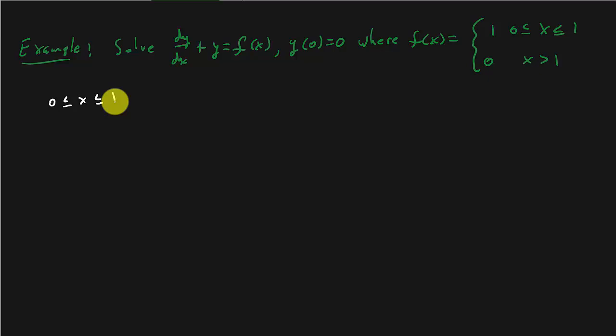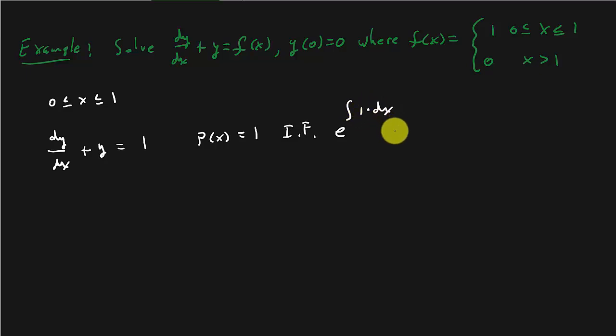So that means we've got dy/dx plus y is equal to 1, right? f of x is equal to 1 there. And so now I've got p of x is equal to 1. Integrating factor is e to the integral of 1 dx, which is equal to e to the x.